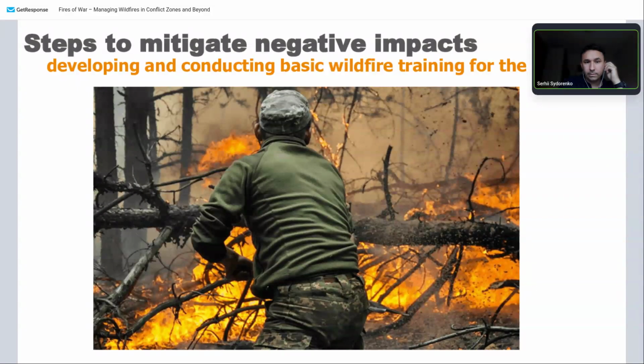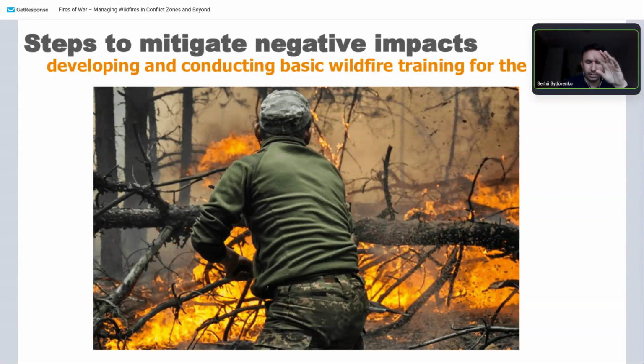We also believe that, of course, it's not a priority now in time of war, but after it ends, it will be very important to develop some kind of study program and prepare basic wildfire training also for the military. On this photo, you see a military guy trying to suppress a forest fire on a polygon.